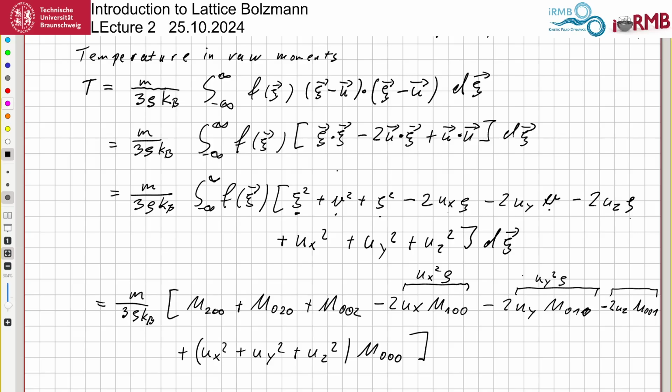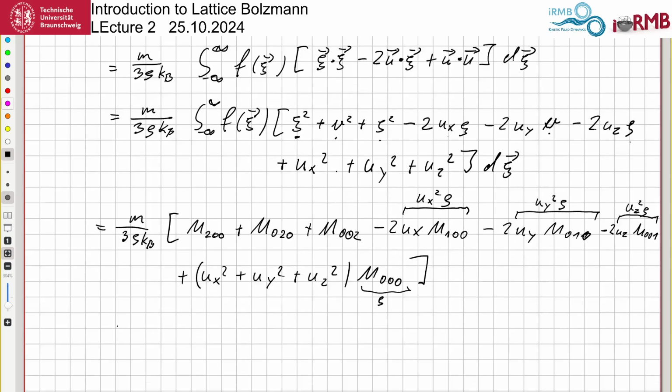You always have to watch out where you put your brackets. So this will be uz squared rho, okay? And this thing here is rho.